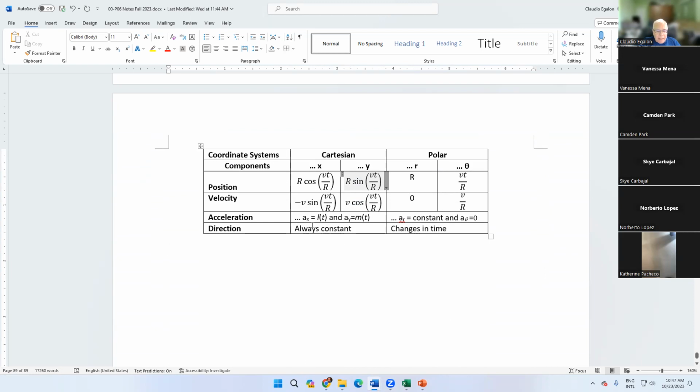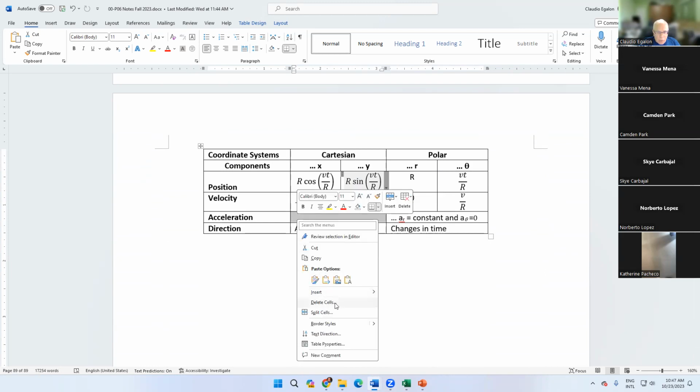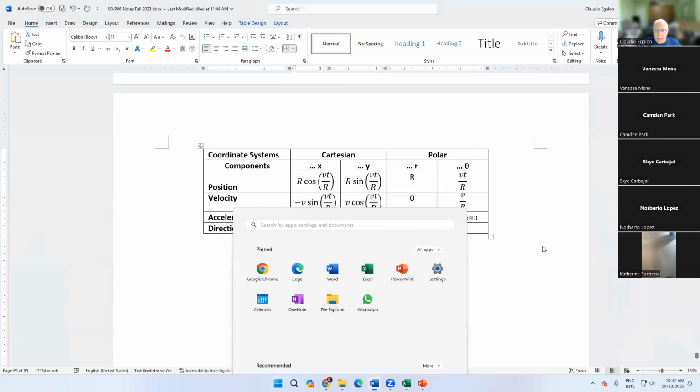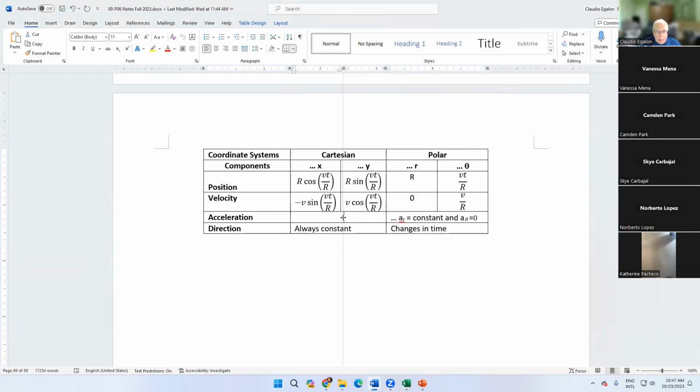Okay, and then we are left with this acceleration here. I'm gonna break it down into split cells, columns. This one's gonna be easy, right?